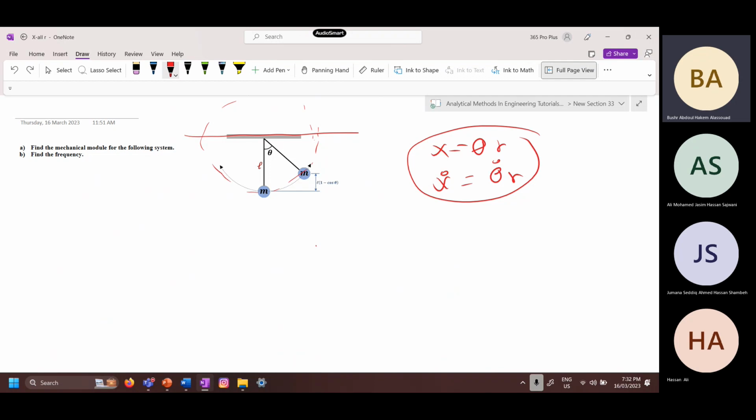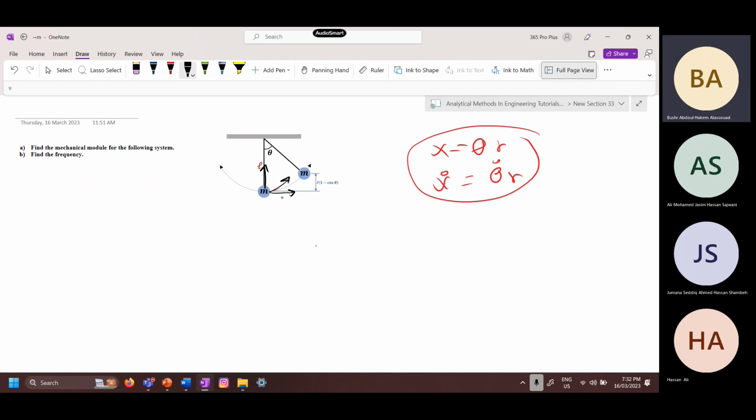What we have here is, I need just some space. Okay, you can see here that this object is moving horizontally and vertically, which has this magnitude.